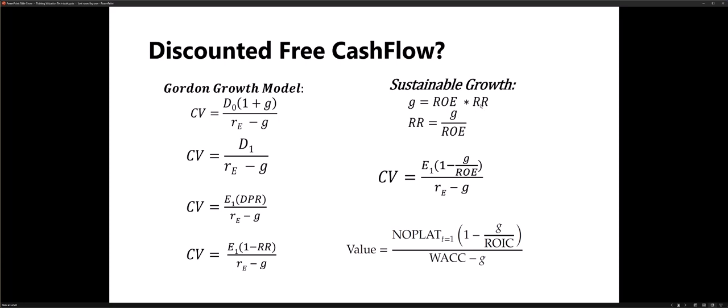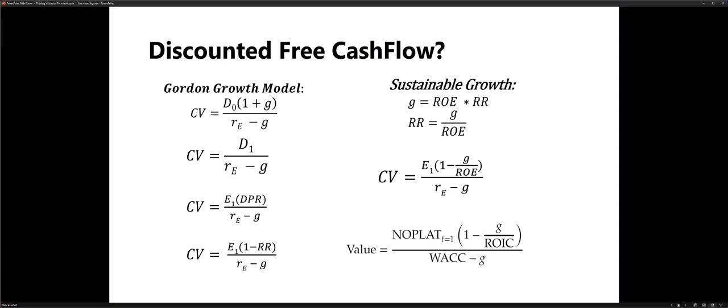So if you just divide all sides by ROE, you get G divided by ROE. And so you just replace retention ratio right here with G divided by ROE, and you get this formula right here. Looks familiar, doesn't it? So you just replace earnings, or your net income, with NOPLAT, and we're changing this because this is available to all the stakeholders of the company.